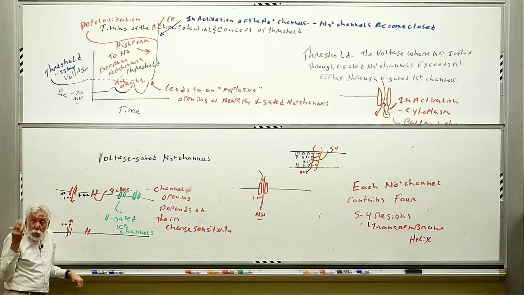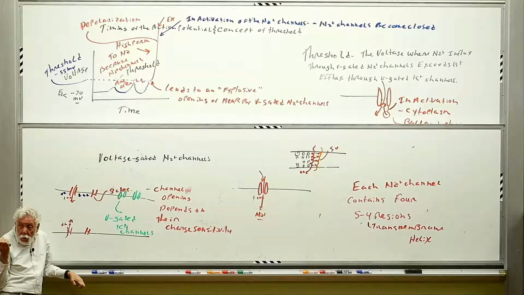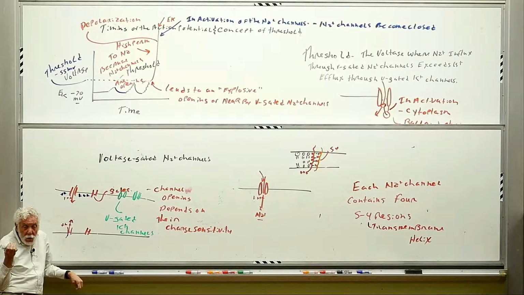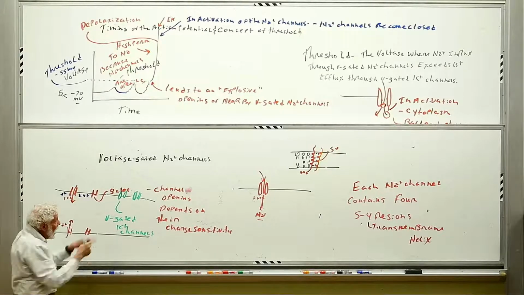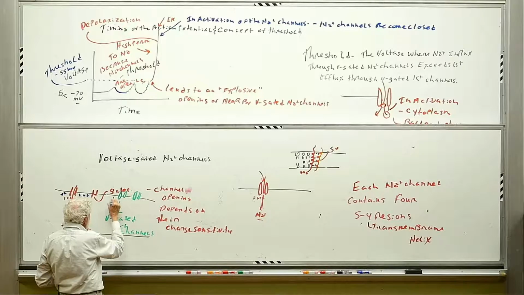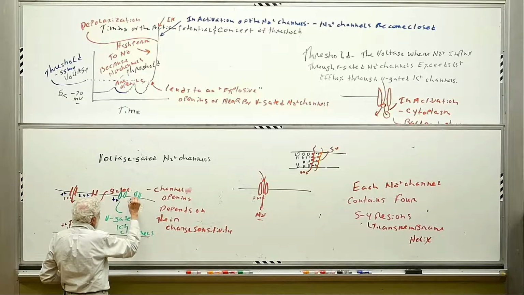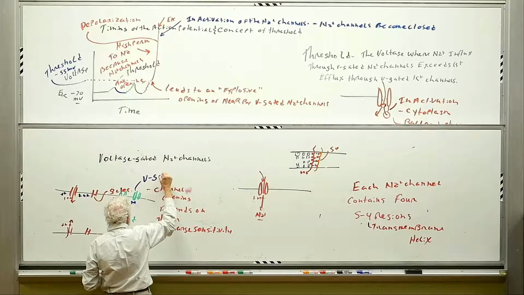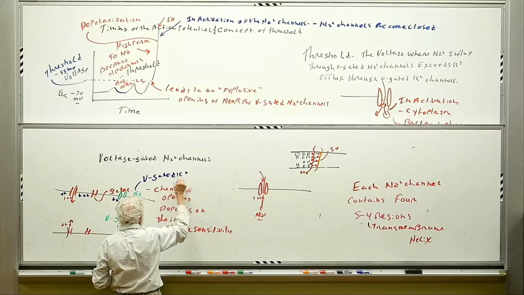So the ball and chain has moved into the mouth of the sodium channels, and we no longer have sodium influx. So we've stopped the sodium influx. We call that inactivation, but if you think of it as closing, that's fine. And at that point, we now invoke the positive charge to open these voltage-gated potassium channels.